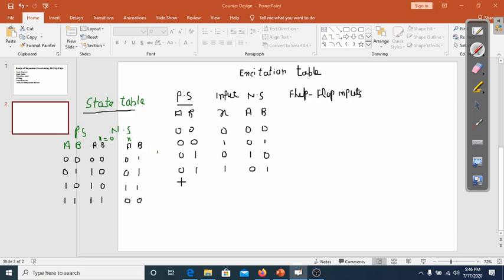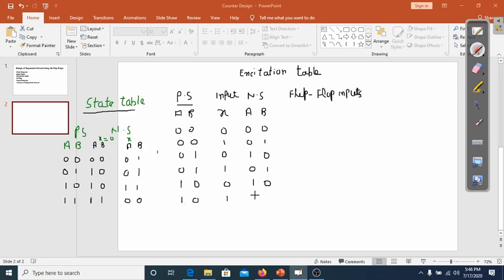Now the present state I am considering 1 0. Again there are two inputs, could be 0, could be 1. When input is 0, the next state is 1 0. There is no change. The sequential circuit will remain in the same state.